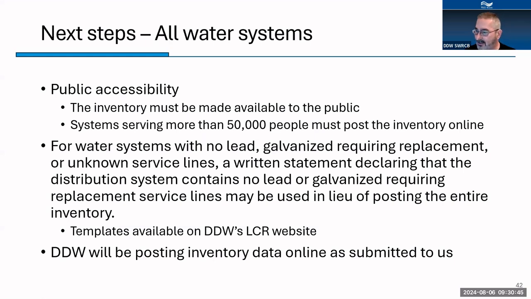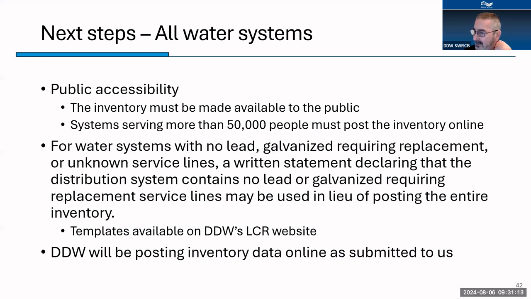So we have a bunch of templates for that as well. And it's just then a single sheet of paper that can be either provided as needed, posted in your office, whatever. But it has to be made publicly accessible. Most water systems are going to use it as an insert in their bill, or bigger water systems will do that. They also need to post it online.